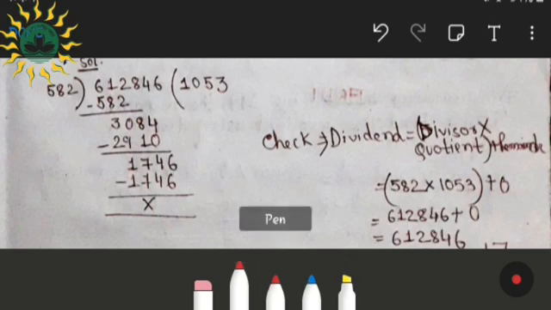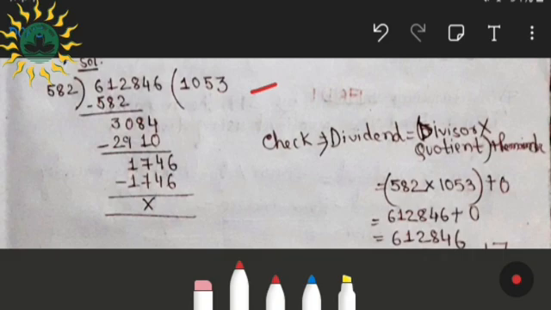And we can see that here it's completely divisible. 612846 is completely divisible by 582. So we get the quotient as 1053. Now we have to check through the multiplication process or division algorithm whether it's correct or not. We know that divisor into quotient plus remainder gives us dividend.